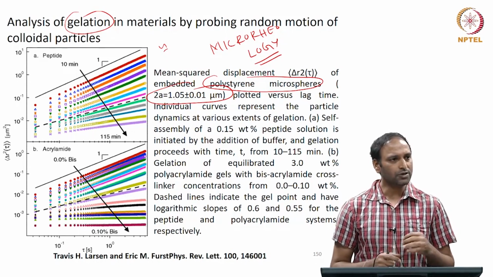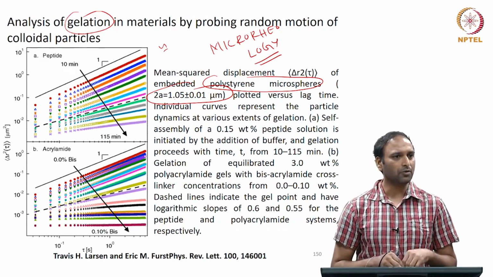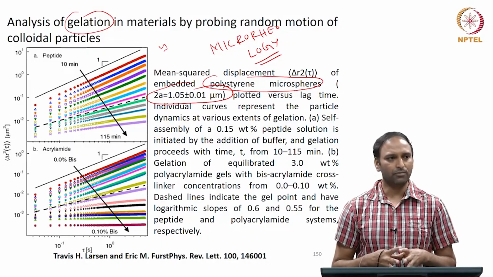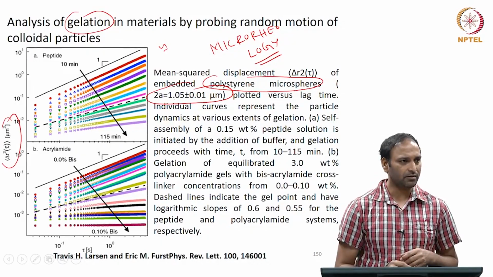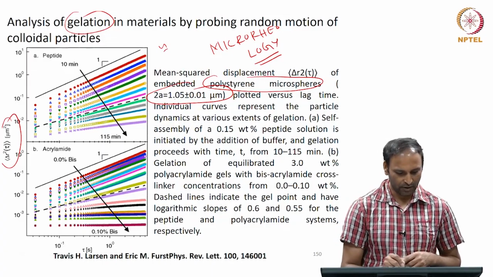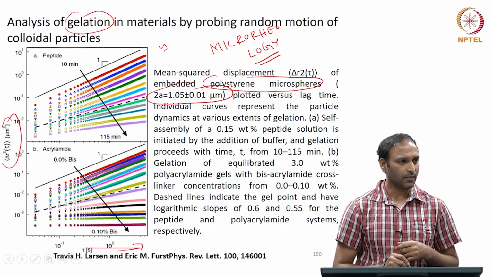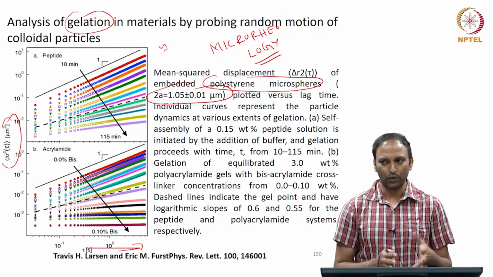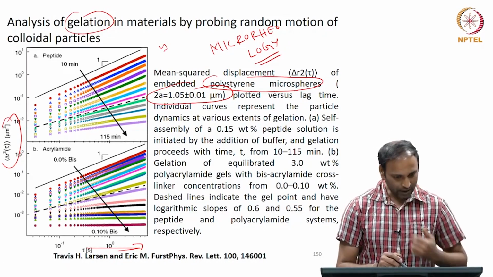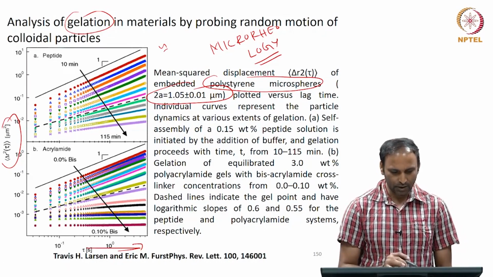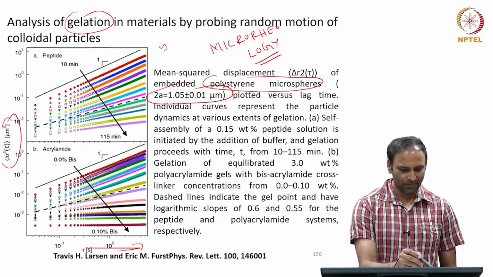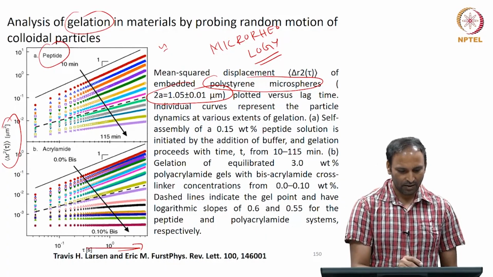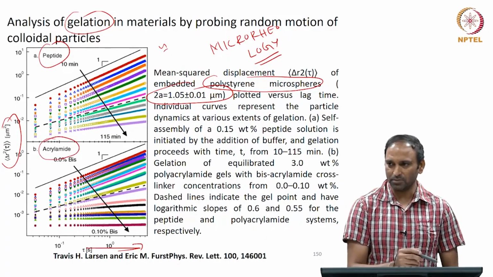And what you do is you look at these probe particles and measure their Brownian motion. I can get the mean square displacement as a function of time. We have discussed how to do that. What you are looking at here is two separate systems: in one case it is a peptide, in the other case it is a polymer.